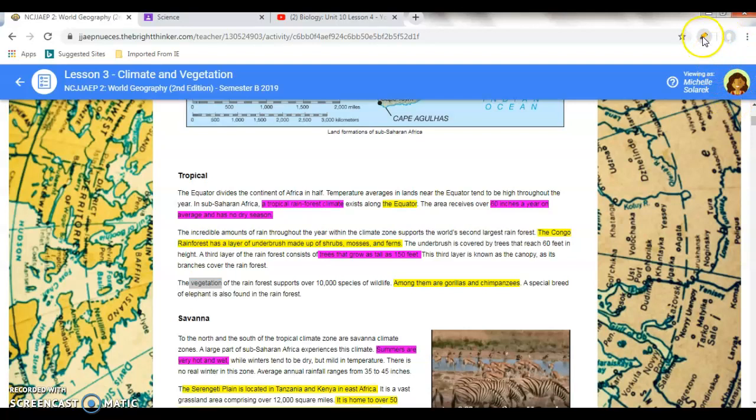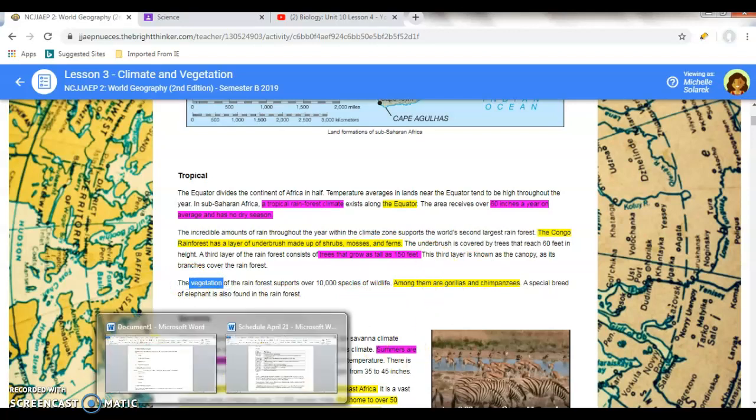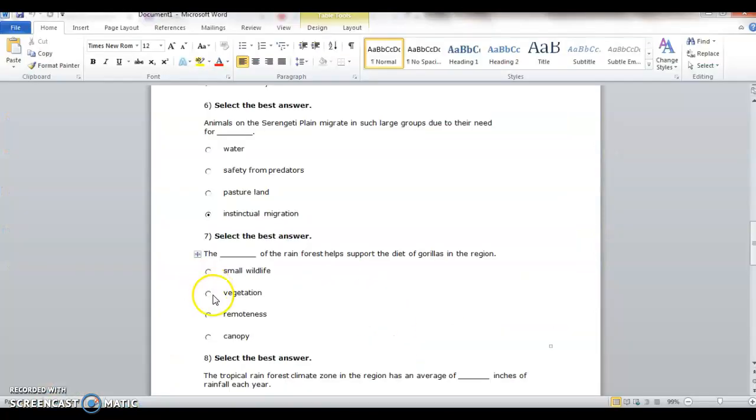Okay, well, it's right there, vegetation among the gorillas and chimpanzees, so the answer is going to be vegetation.